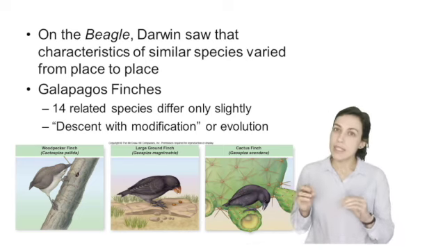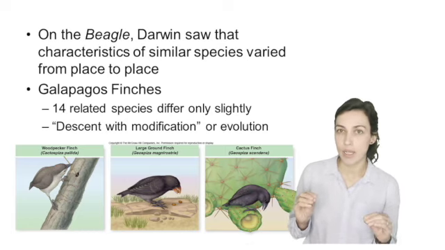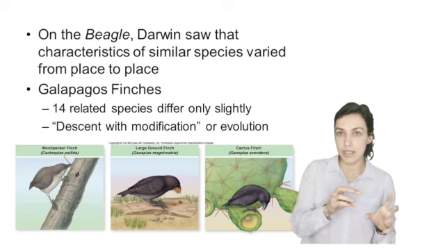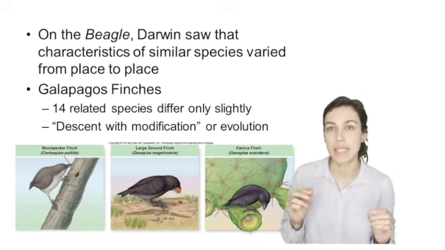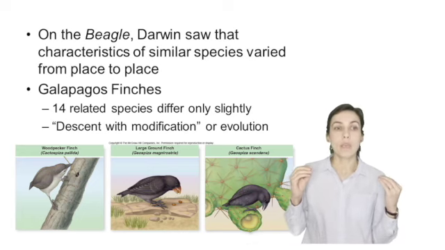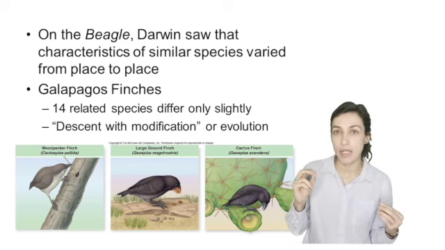But the birds on these islands were slightly different than those on the mainland, and they also differed between islands and between different places at an island. He noticed that the birds were very well equipped to find food in very specific ways.